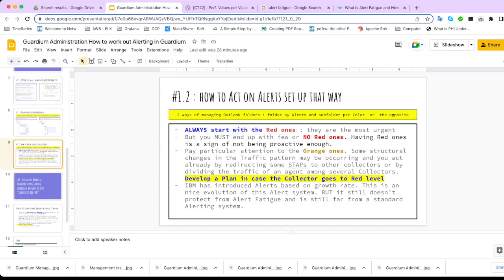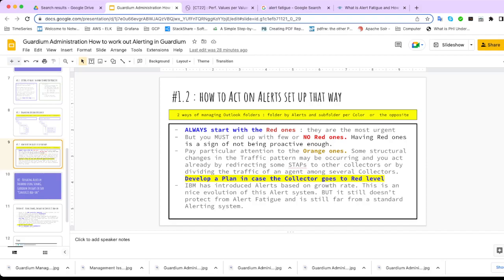Okay, so once the number of red ones is low, you pay particular attention to the orange ones. And here you've got more time, right? You are not close to the disaster.